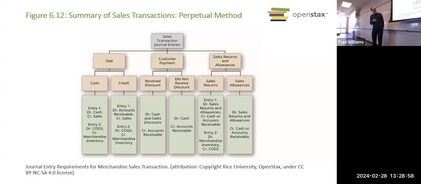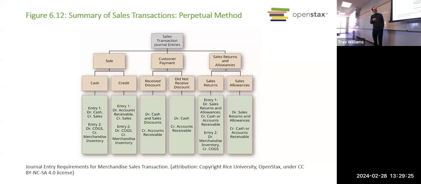Then, when the customer pays, if they get the discount, how many accounts are involved in that journal entry? If they got a discount when they paid, there are 3, right? Because we received some cash, but we also have to journalize the discount we gave them and then wipe off their account receivable.